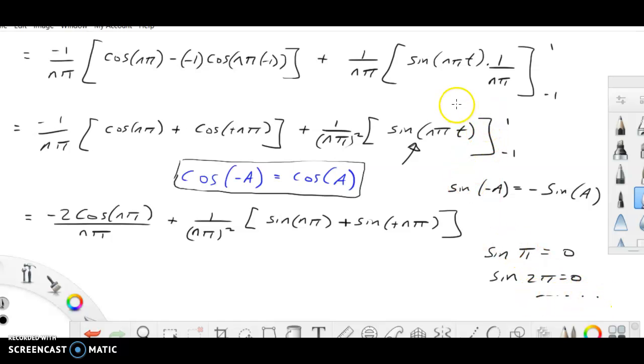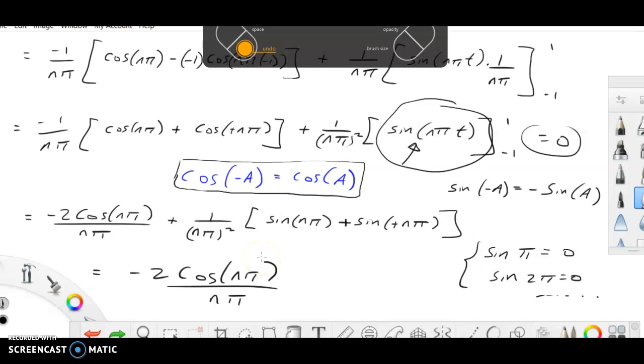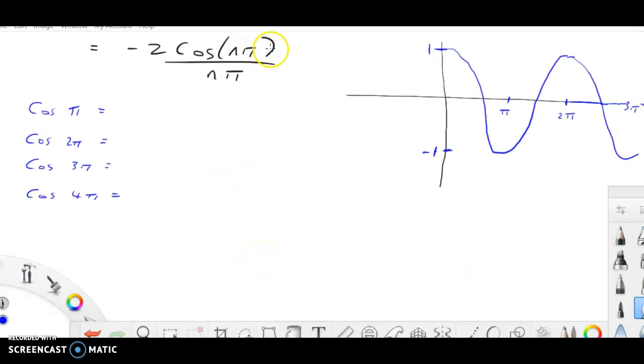So this is always going to evaluate to 0. So we don't really have to go any further. You could tidy this up and you still come to the same idea. So we've landed with minus 2 cos n pi over n pi plus 0. We're not too worried about the plus 0. So we've got as far as here.